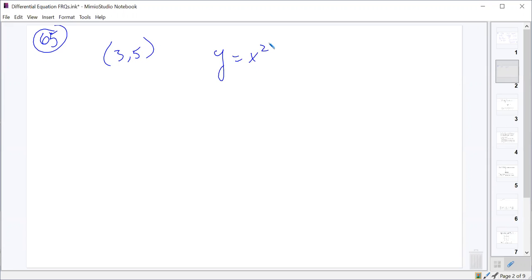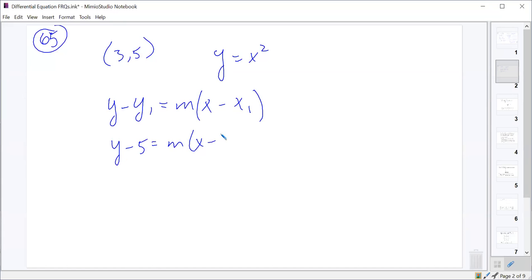In order to figure that out, we have to think about what the equations of those lines need to look like. The equations of those lines should be y minus y1 equals m times x minus x1. That's just how we do those. Our y1 is 5 and our x1 is 3, so we'll say y minus 5 equals our slope times x minus 3.